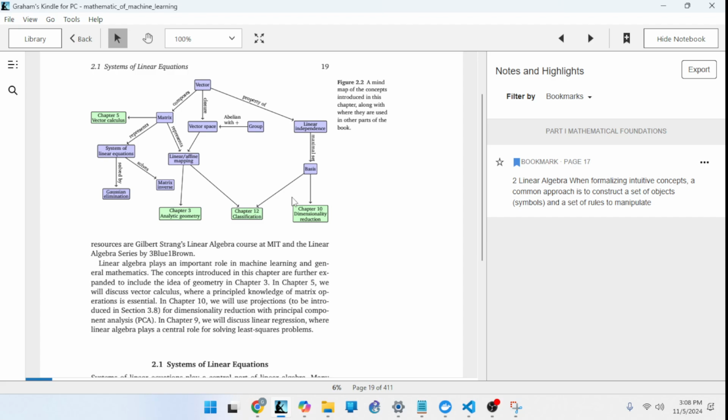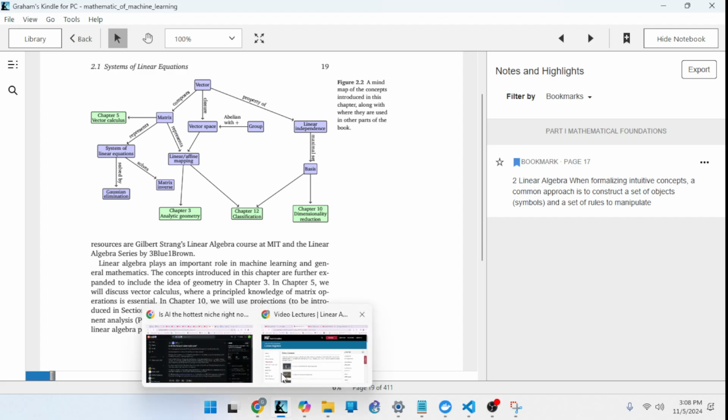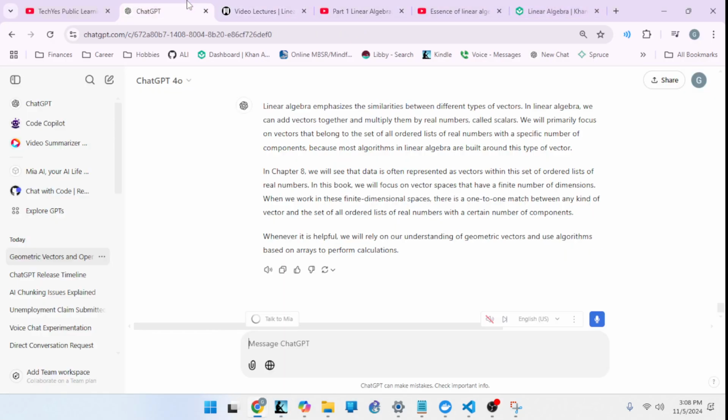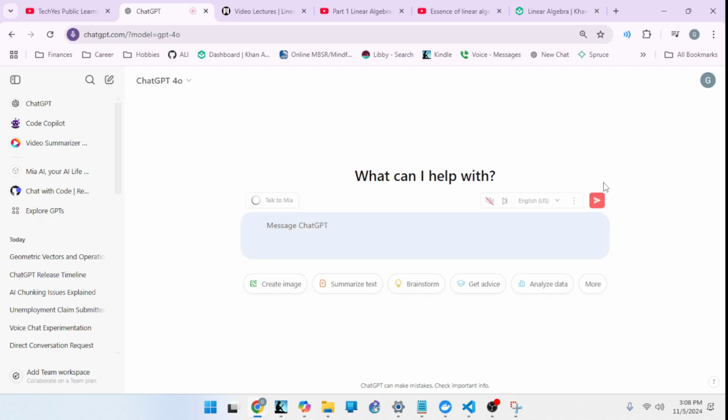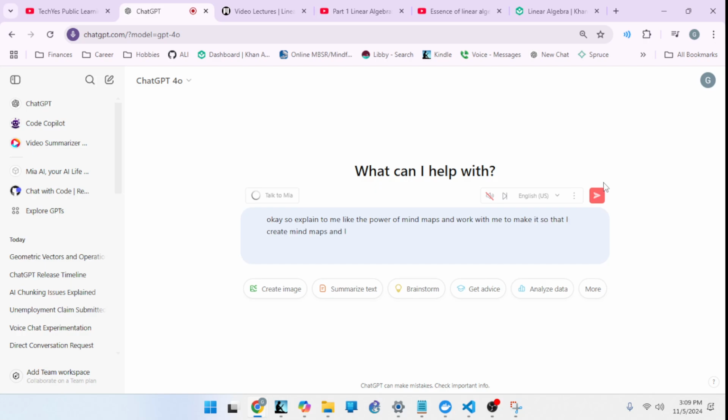There we go. So I'd like to make my own mind map. So that's the other thing we'll probably do, is work with ChatGPT. Okay, so explain to me the power of mind maps, and work with me to make it so that I create mind maps and I do it using open source tools.